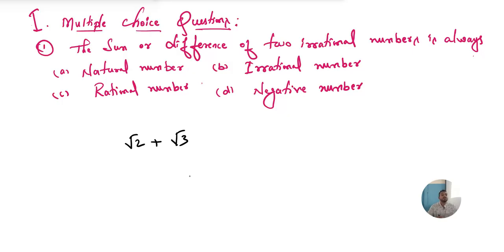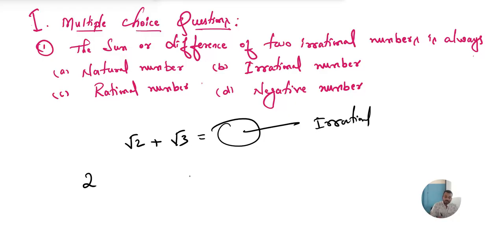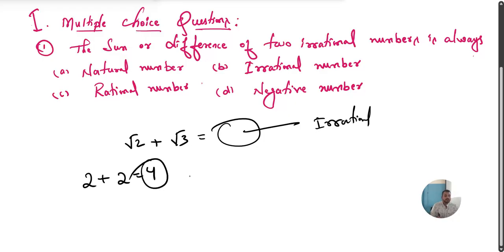No, because for root 2 we don't have the exact value, and for root 3 we don't have the exact value. It means that whenever we add two irrational numbers, our answer is also irrational. Am I right? Example, if you add 2 plus 2, you will get 4, exact.